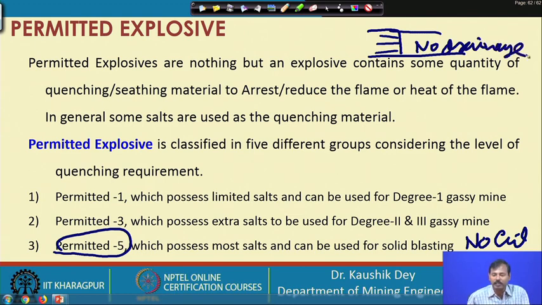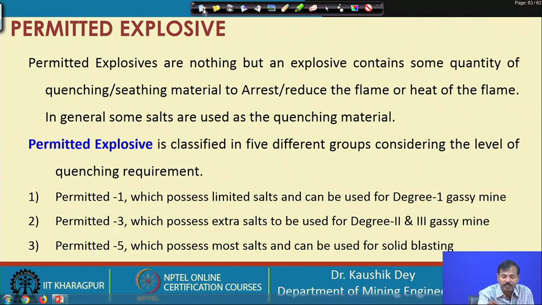So, the blasting is carried out with the full methane content in the coal, and the expectation is that the maximum quantity of methane is available. That is why this type of blasting is called solid blasting, and this P5 explosive must possess the most quantity of salts, and that is why it can be used in solid blasting.